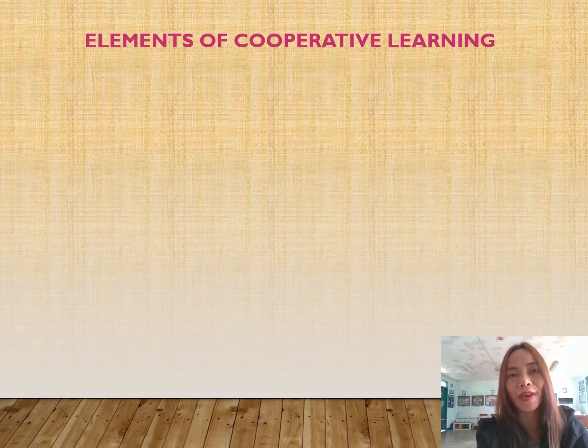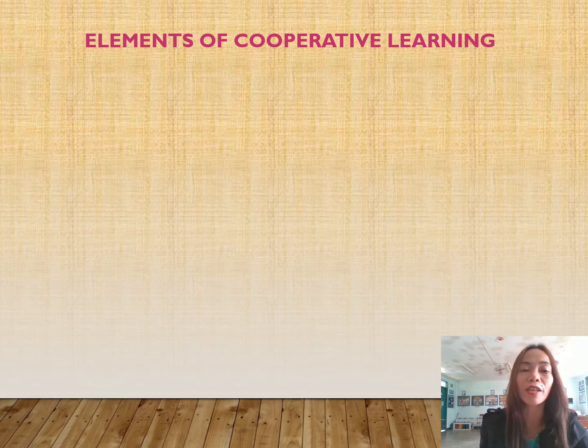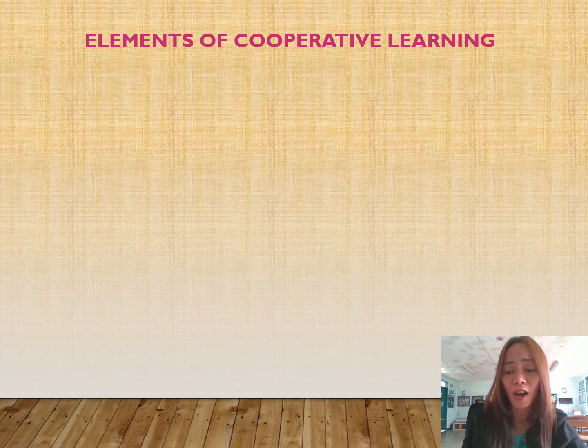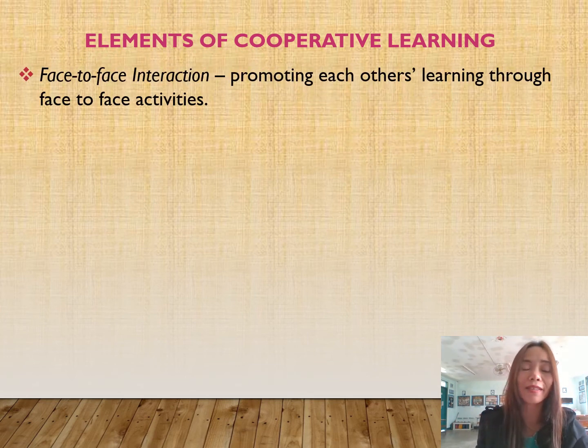Okay, so we have here the elements of cooperative learning. The cooperative learning researchers David and Roger Johnson have identified five elements that define cooperative learning. So the first one is face-to-face interaction. Students promote each other's learning through face-to-face activities where they can discuss and explain assignment topics with each other.